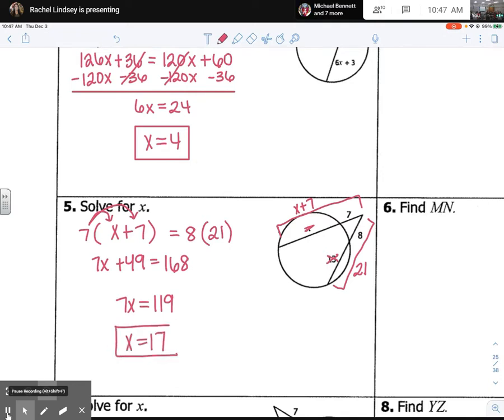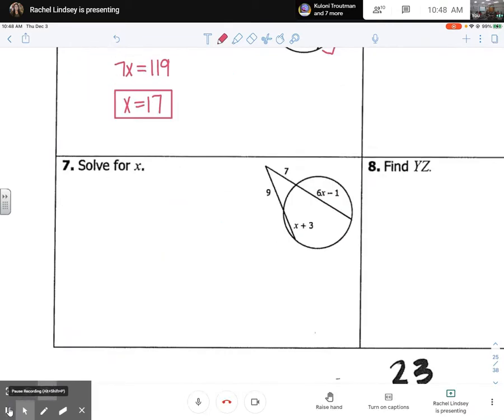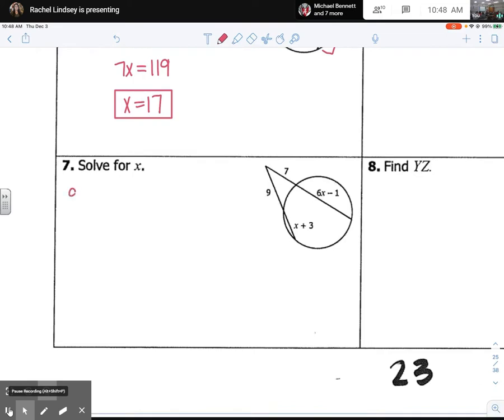What do I keep doing wrong? So my two outsides are 9 and 7. With the one that's outside of 9, what would the whole thing be? X plus 3 plus 9, what's that give you? X plus 12.